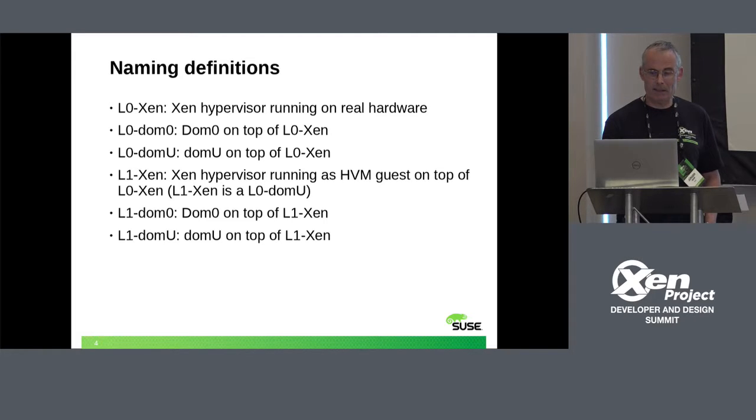L1 Xen is the Xen hypervisor running as an HVM guest on top of L0 Xen, and L1 Xen is, of course, at the same time an L0 DomU. And on top of that, I have L1 Dom0 and L1 DomU. And in theory, I could have L2 Xen running as a guest of L1 Xen, but okay, that's more of academic interest, I would guess.